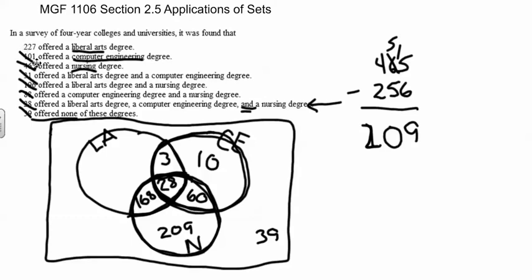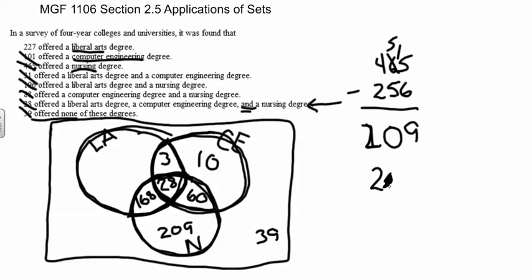And 227 offered a liberal arts degree. So within the liberal arts circle, we have to have 227 colleges. And we already have 3 and 28, which is 31, plus 169, which is 199.